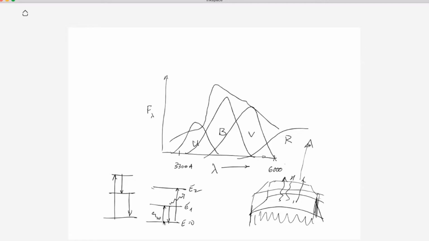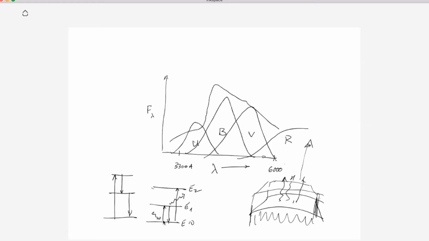But if you've got permitted lines, and all of the lines that you see as the principal lines in the spectra you were just looking at have lifetimes that are anywhere from tens of microseconds to nanoseconds. Consequently, in an atmosphere of a star, collisions are almost guaranteed to take place.